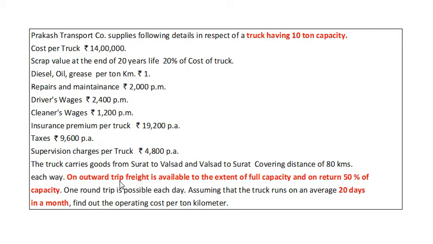On outward trip, freight is available to the extent of full capacity, and on return 50% of capacity. One round trip is possible each day. Assuming that the truck runs on an average 20 days in a month, find out the operating cost per ton kilometer.